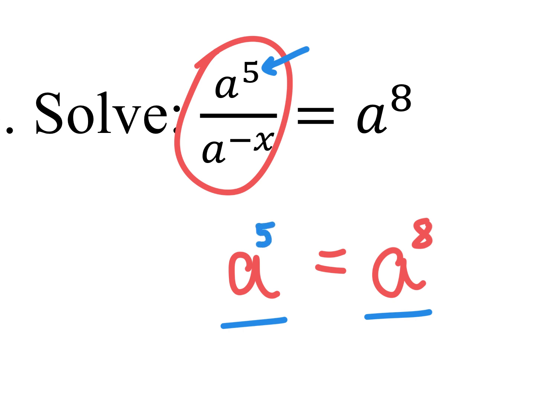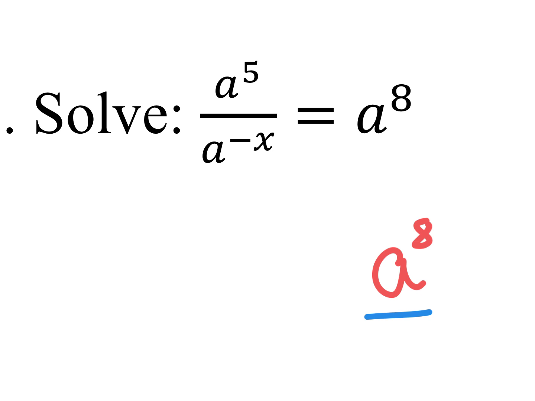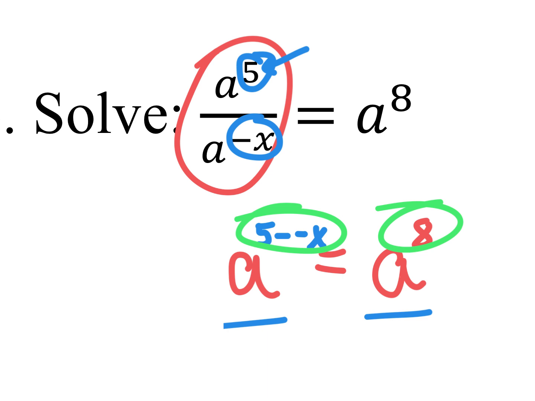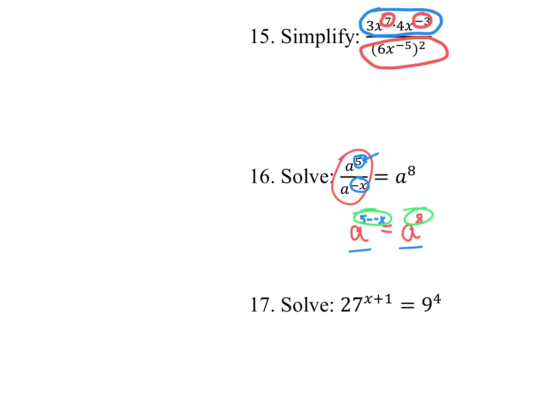You subtract the bottom, so you could say subtract negative x. So you're right. It ends up being 5 plus x. Because these powers are subtracted. So it'd be 5 minus negative x. And once the bases are the same, then this just equals this, and then you can solve a new little equation there.